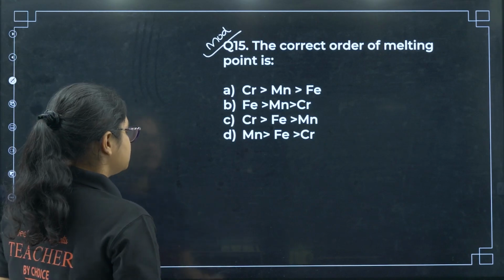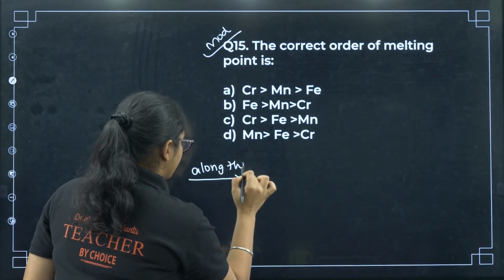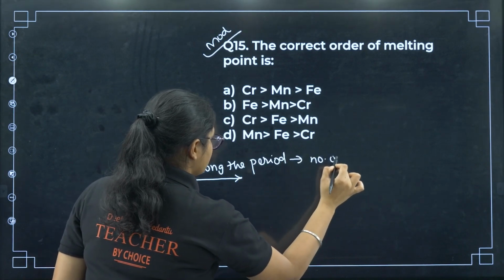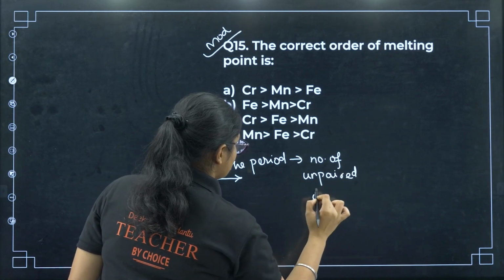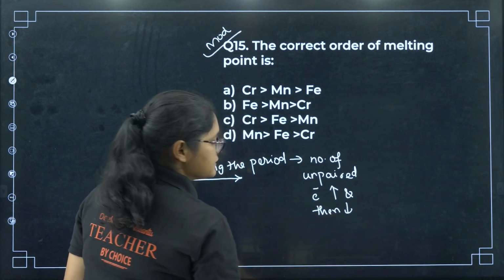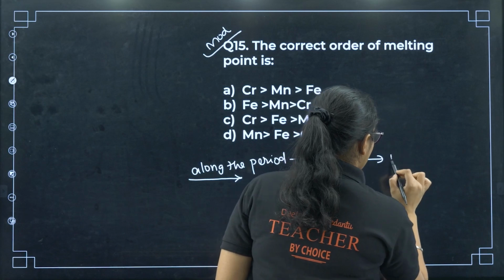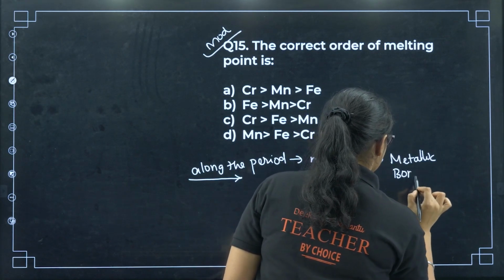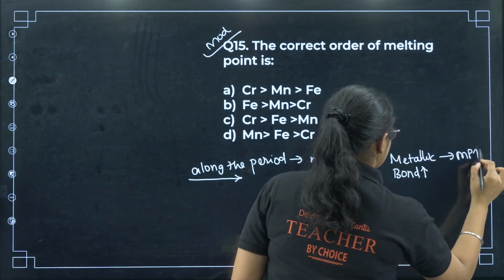So generally what happens along the period, the number of unpaired electrons increases and then decreases, right? So if the number of unpaired electrons will increase, what will happen? Metallic bonding will increase, and for that reason melting point will increase.